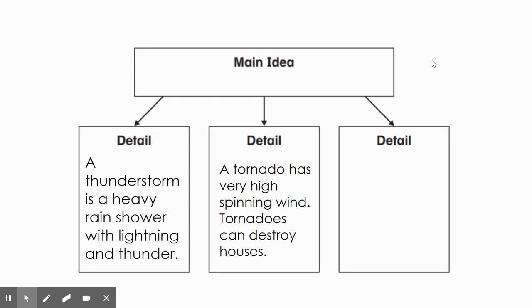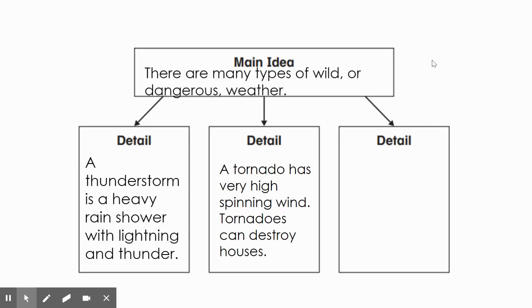Let's take a look. Remember that our first detail was about one type of wild weather called thunderstorms. Our second key detail was about another type of wild weather, tornadoes. So the author is teaching us about what? That's right, different types of wild weather. There can be many different kinds of wild weather, in cold weather and hot weather.